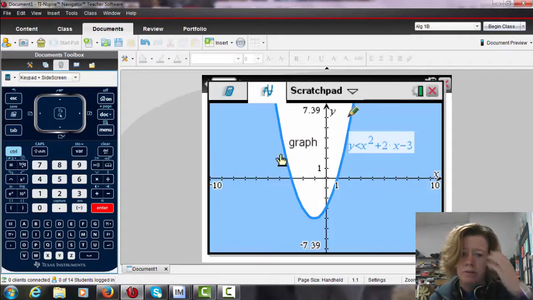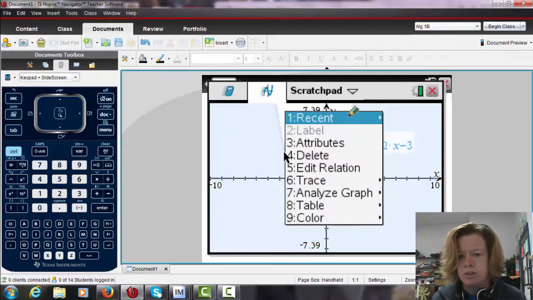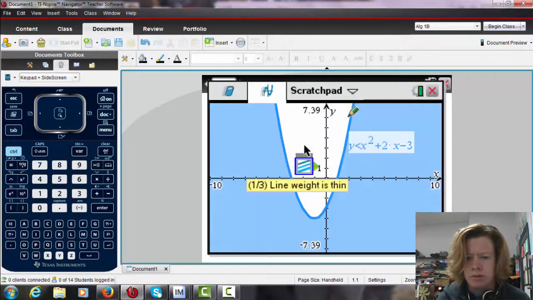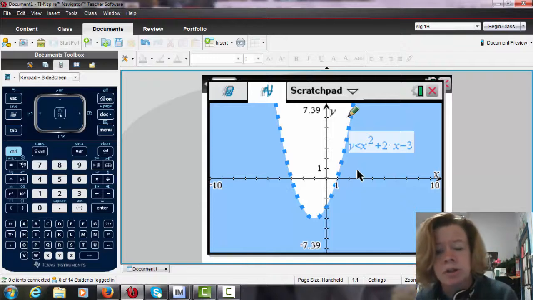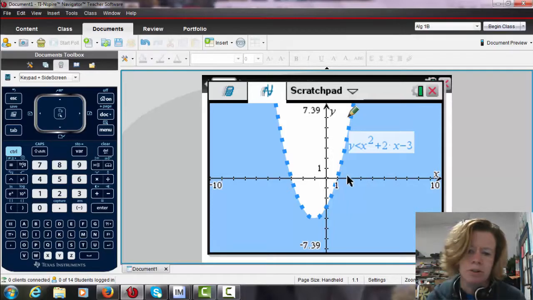And there it is. You should not be surprised that we're shading below, because when we go to graphs of inequalities, less than means shade below. And sometimes it looks a little weird to have it below here, but it truly is.